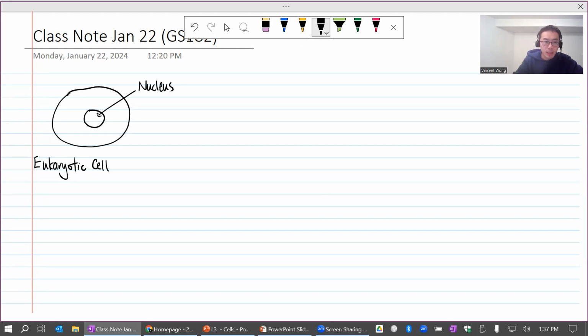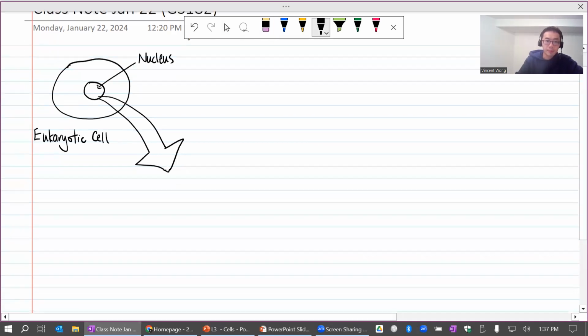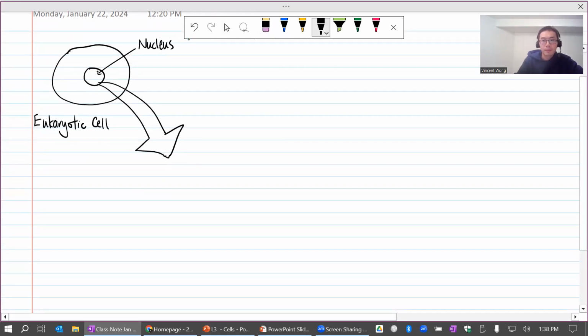And I want to take the nucleus out and draw it a little bit bigger. Now, I recommend you draw it as best as you can right now, and then just try to reorganize your notes later on after the class. So here is the nucleus.